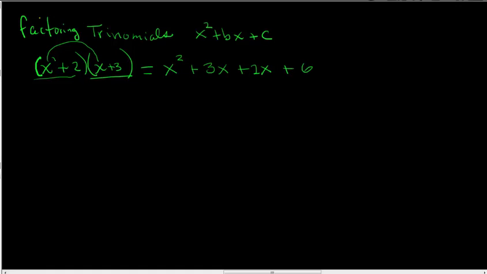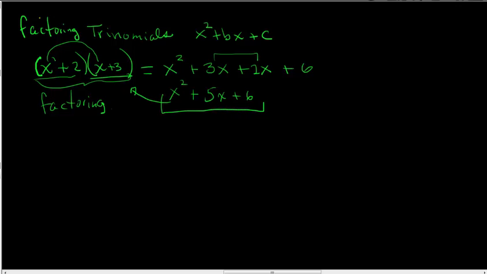If we were to combine like terms, this would give us x squared plus 3 and 2 is 5x, and then 6. Okay, factoring this will give us this. These are the factor form. So we could say this is factored. Okay, so the objective here is to transform this into that.